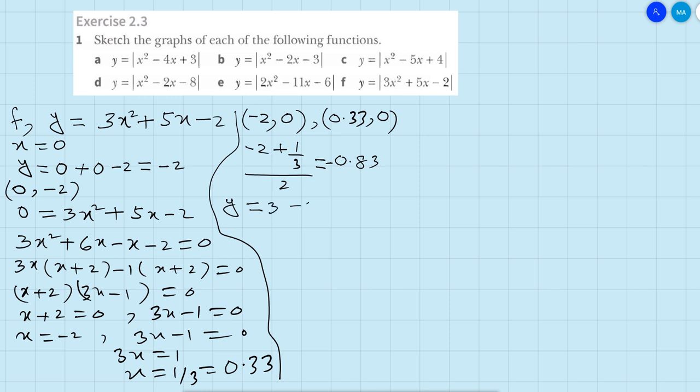3x square minus 0.83 square plus 5 multiplied by minus 0.83 minus 2.